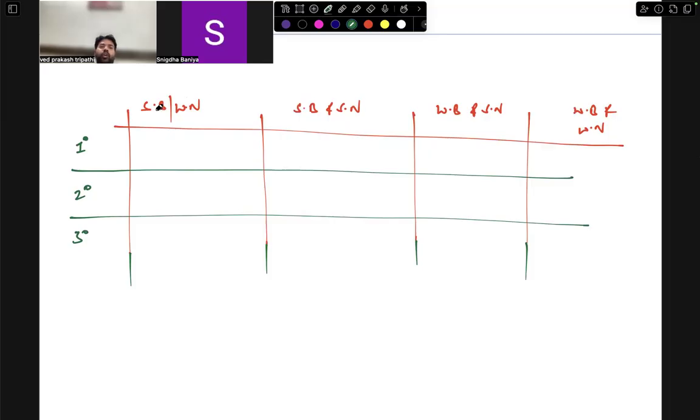So look at here, strong base. In the first case, look at the first column, strong base, weak nucleophile. Base is strong. It means whenever base is strong, elimination is favored. Am I right? And whenever you have 1 degree, 2 degree, or 3 degree, any degree of alkyl halide, it would always be E2, E2, E2.